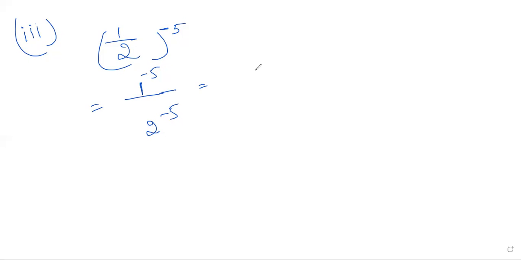It becomes 2 to the power of plus 5. Okay. So directly you can write it, don't write this step. We can take the reciprocal and write directly. Okay. See, 2 by 1 whole to the power of 5. We took the reciprocal, 1 by 2, and I made it 2 by 1. Minus becomes plus. So 2 to the power of 5.